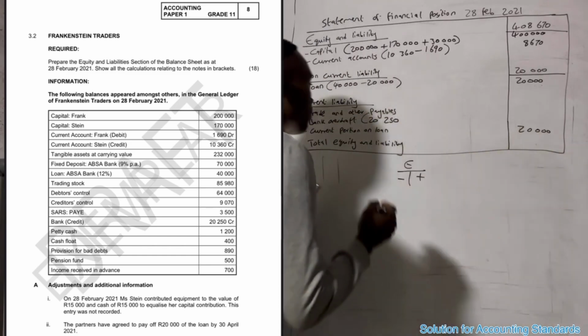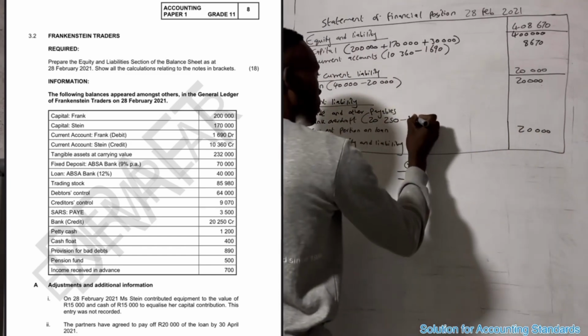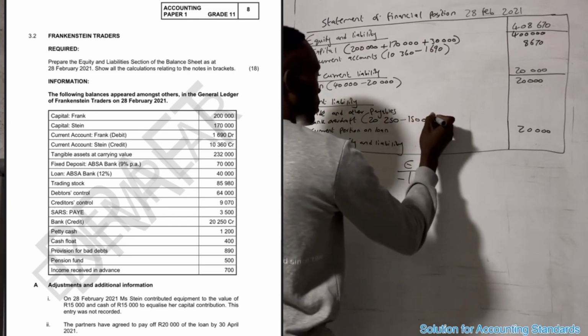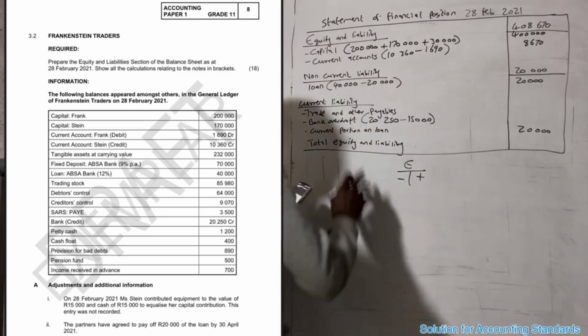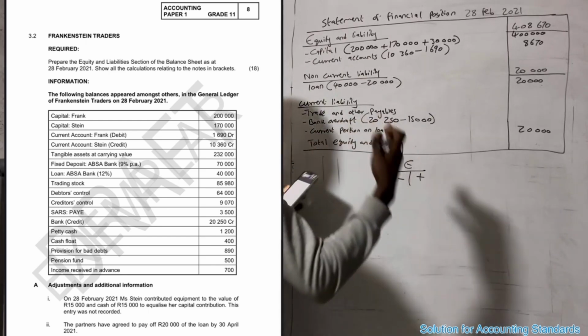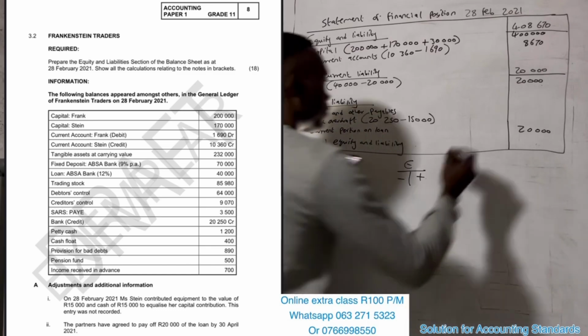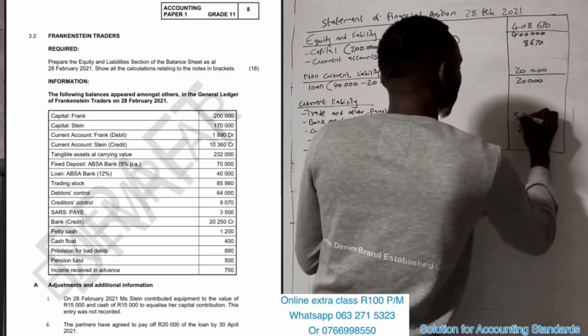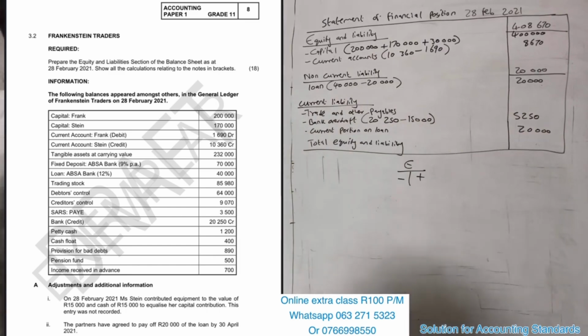That cash, obviously, the bank is going to take it, minus 15,000. It reduces the overdraft first, because we owe the bank, and it's going to give us 5,250.